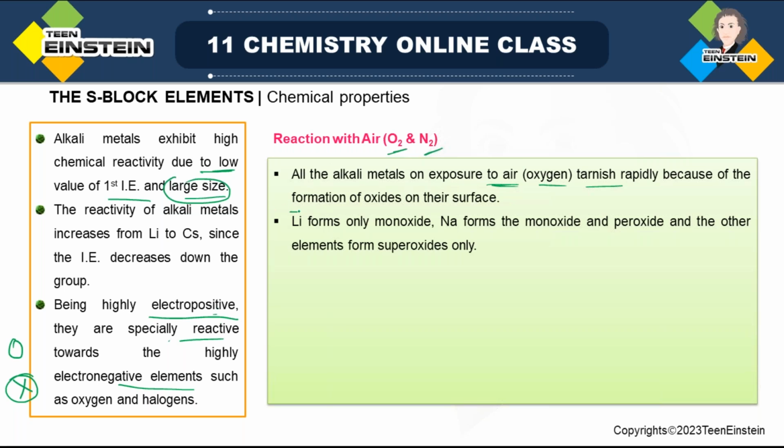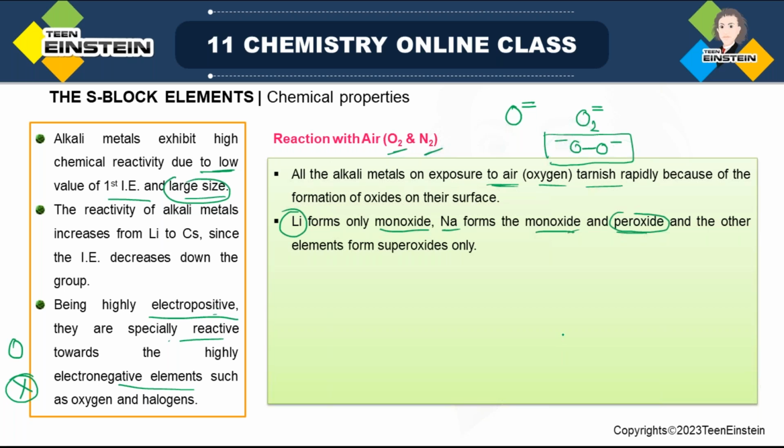Lithium, which is the first element, forms only monoxide. Monoxide is simply O2 negative charge. The next element, sodium, forms both monoxide and peroxide, though peroxide is most prevalent. Monoxide, even if it is formed, is not so significant. Peroxide is most important. And what is peroxide? Peroxide is 2 oxygen atoms with 2 negative charge, or you can write it as O2 2 negative.